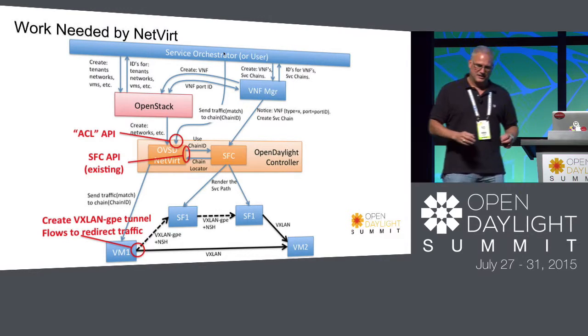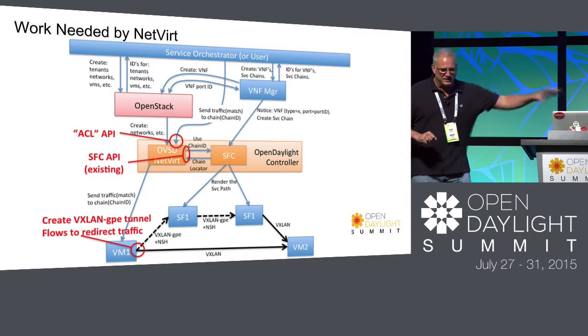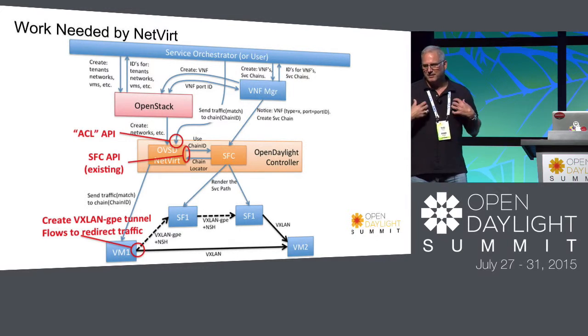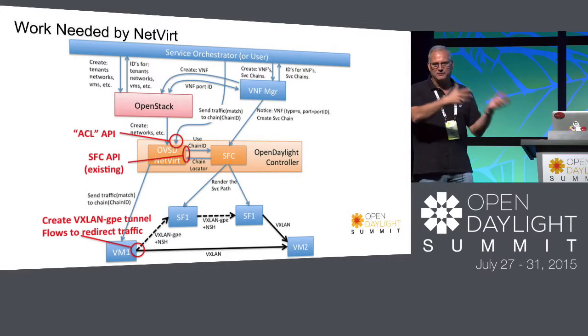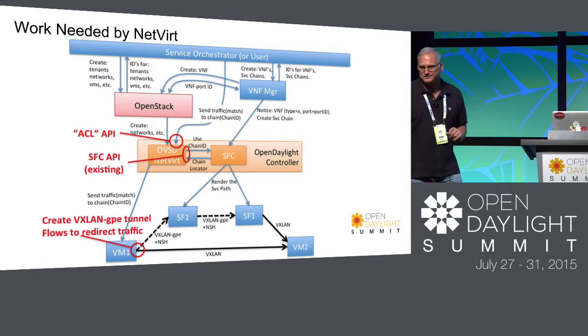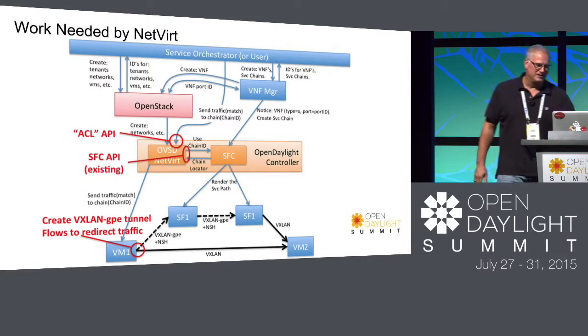The user is saying, I created these VMs, I'm going to create some service chains, I'm creating my virtual network, and for web traffic I want it to run through these service functions. So I'm provisioning the network and running it through the service functions from some top-level API. Currently, it's just coming in through a REST API.